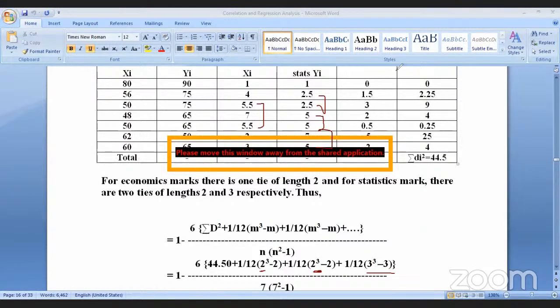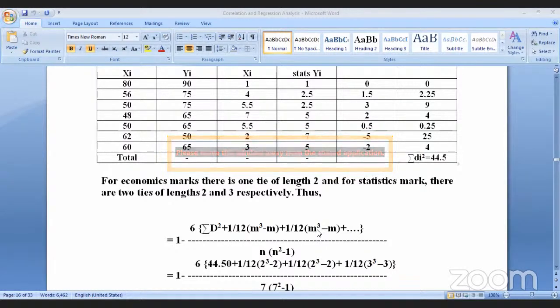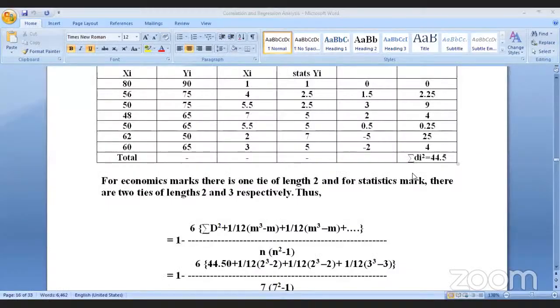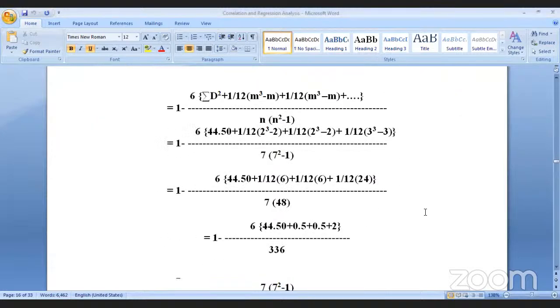Is the doubt clarified or not? No one is responding. That is the reason we have taken this one.